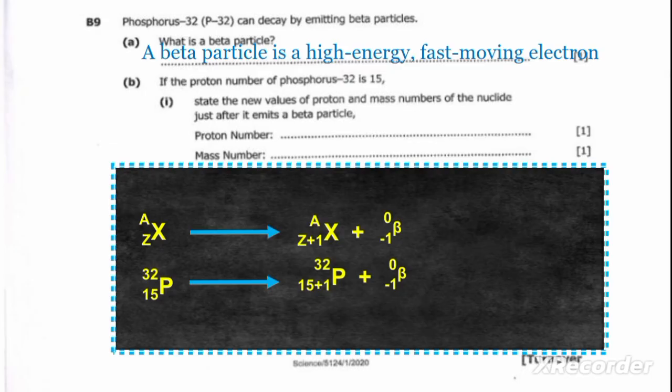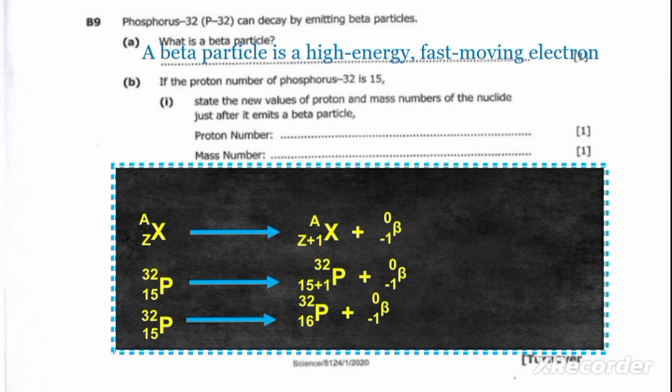So our radioactive decay equation will look like this: P, with 15 as the proton number and 32 as the mass number, gives an element with 16 as the new proton number and 32 as the mass number, plus the beta particle.